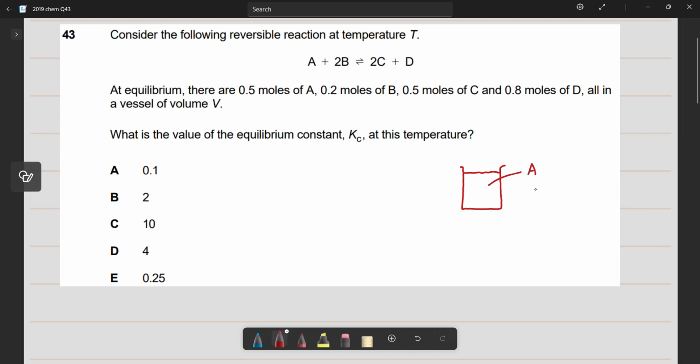So we have A, B, C, D, all dissolved in this solution, and the volume of this solution is V. Okay, so now we are given the moles of each of these species, A, B, C, D, which react and form this reversible reaction.